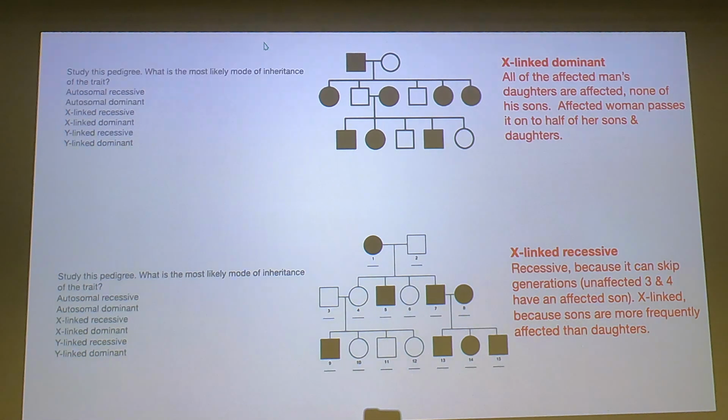So what is the genotype of this individual, for instance? Homozygous for the trait. Homozygous for the trait, yes. What was the other one I mentioned? I said this one. Number 11.